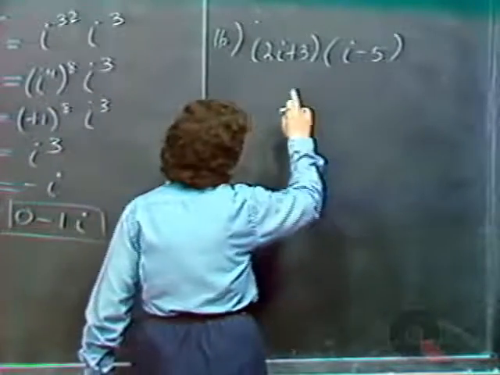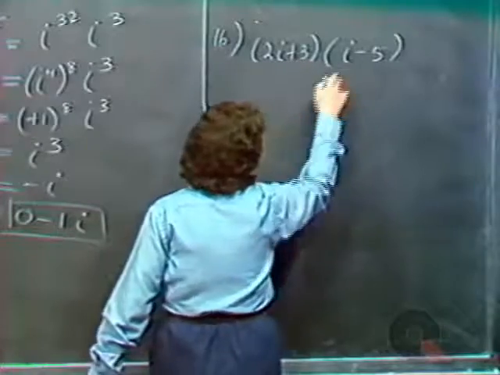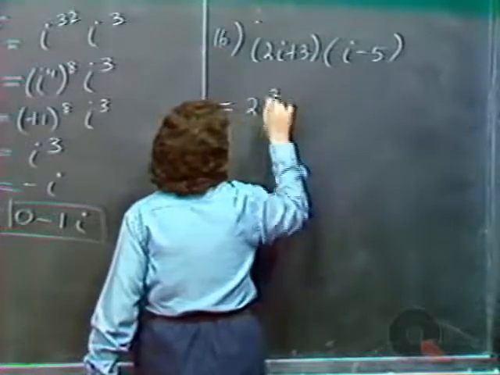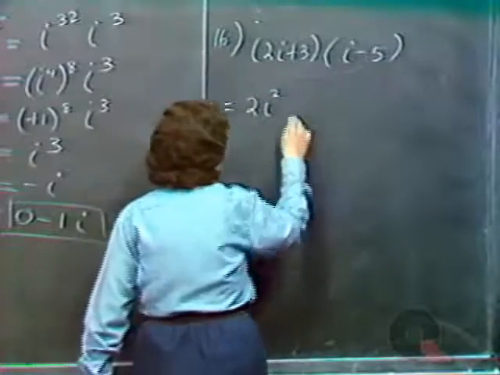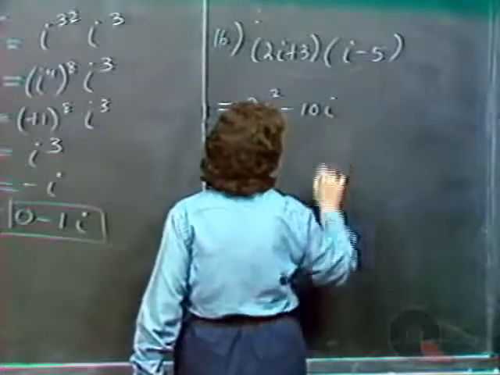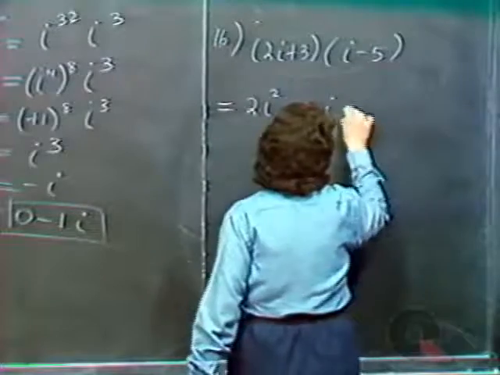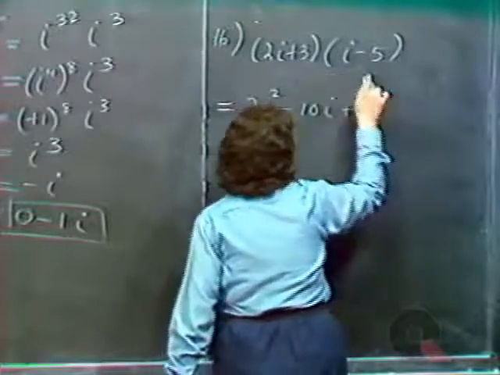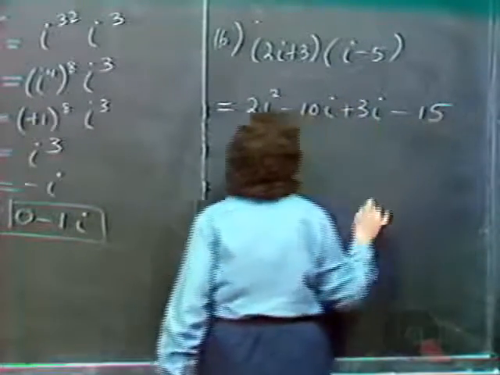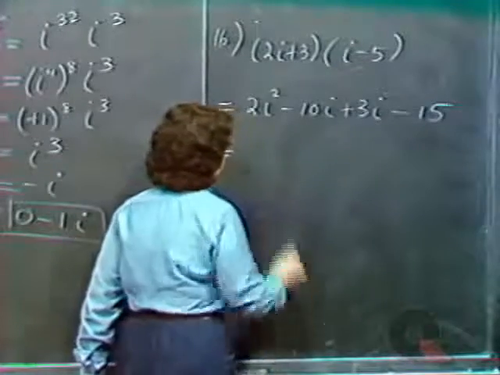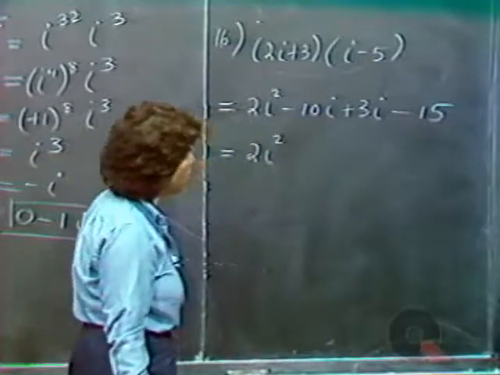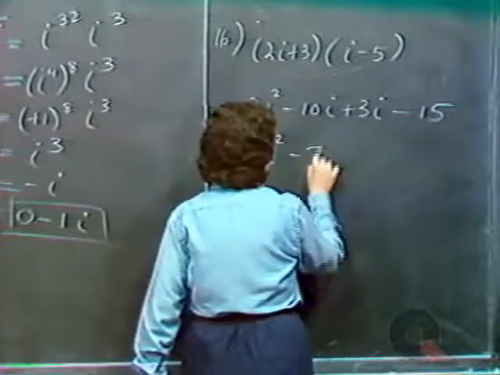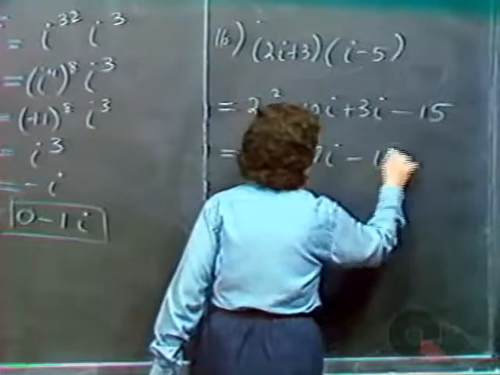First, outer, inner, last. First, 2i times i, 2i squared. Outer, 2i times minus 5, that's minus 10i. Inner, plus 3i. And last, minus 15. That gives us 2i squared minus 10i plus 3i, that's minus 7i, minus 15.